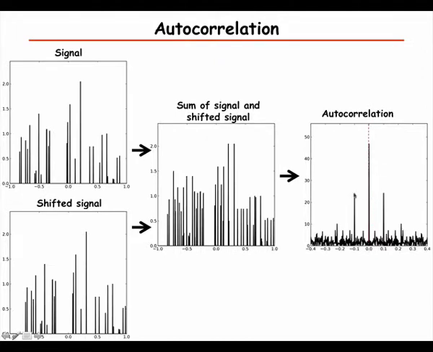But in this case, we're going to get a peak both at minus 0.1 and plus 0.1. Because remember, we did the shift here by 0.1 and added them together. So by taking the autocorrelation here, we can deduce that there is a periodicity, even though it's difficult to see here. Maybe one can extract it this way.